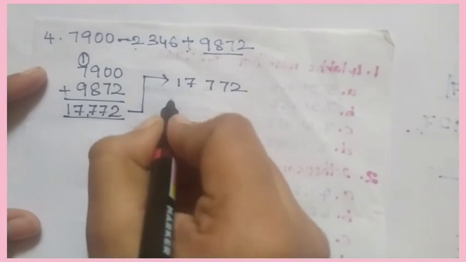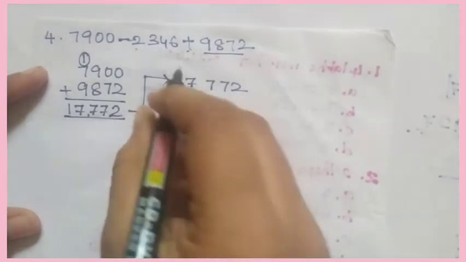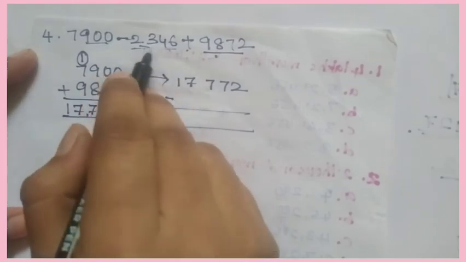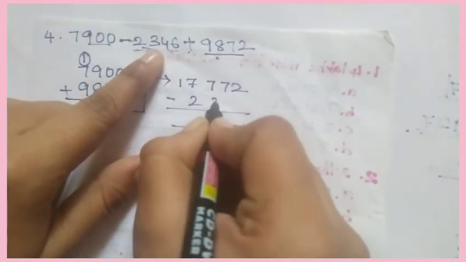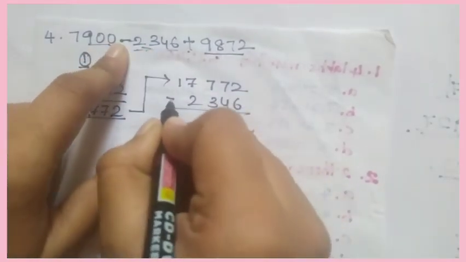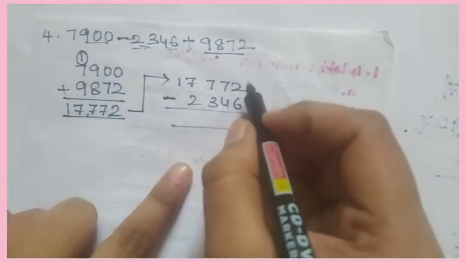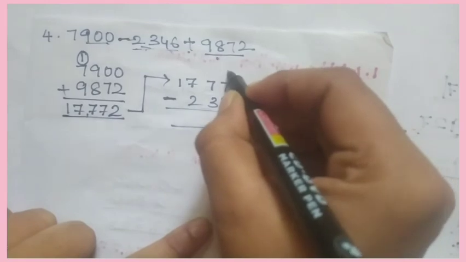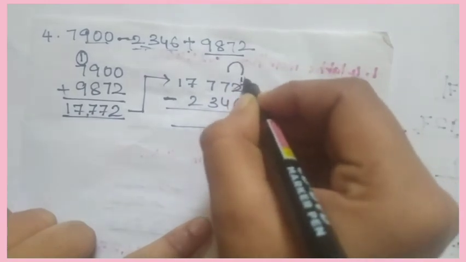Now we will write here 17,772. Do subtraction. In this number completed and this we did addition. Which one is left? 2346. It is having subtraction symbol, so we'll do subtraction. Now from 2 we can subtract 6. No, so take borrow, it will be 12.